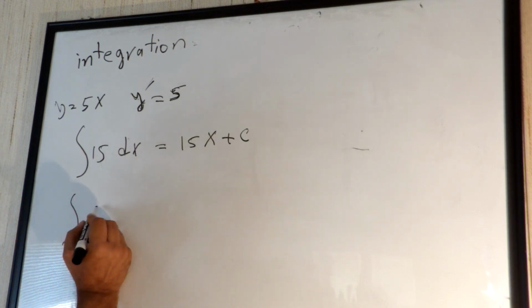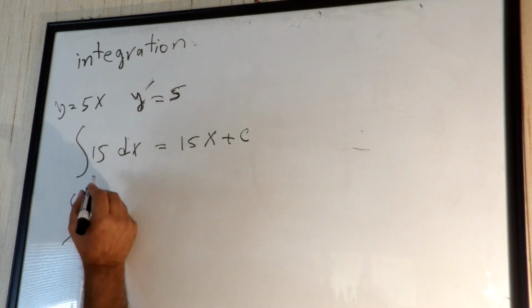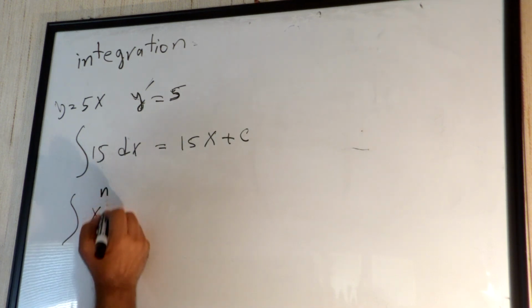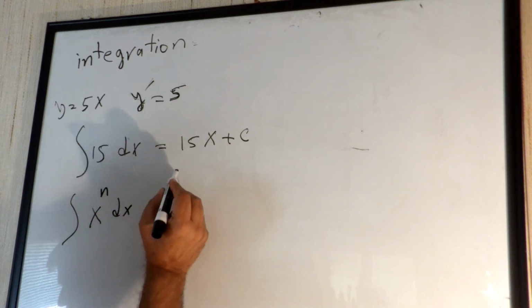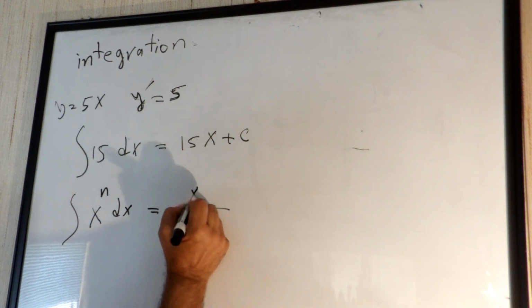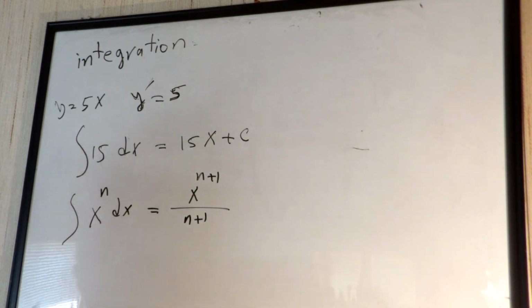Now, in general, if you have x to the power of n dx, the integration is going to be x to the n plus 1, divided by n plus 1, plus c.